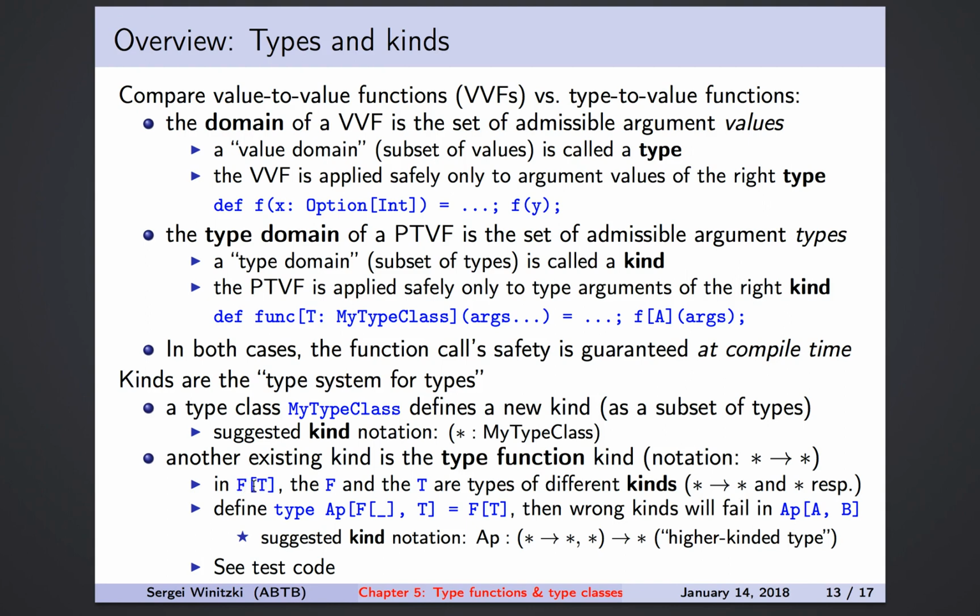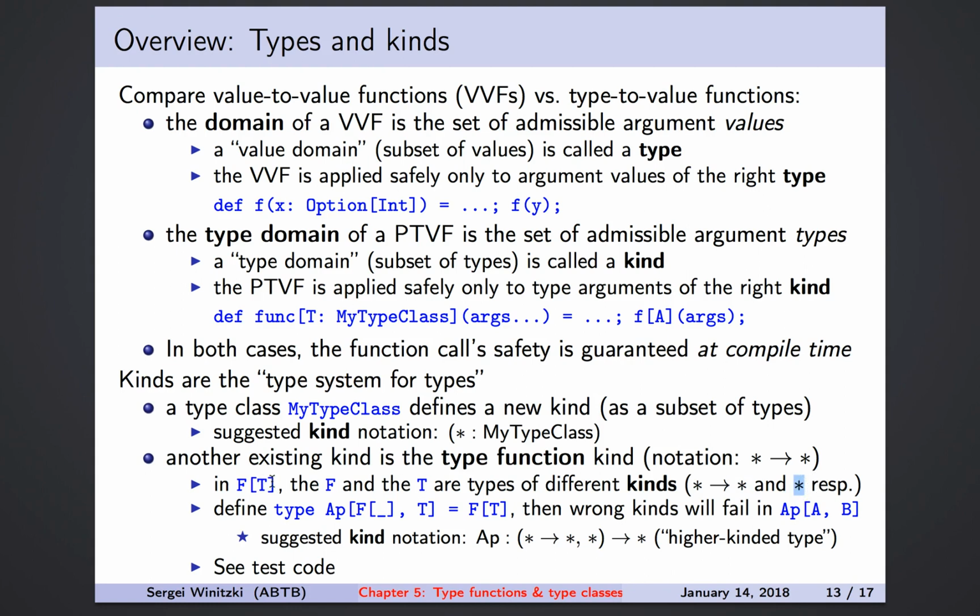So f is a type constructor or type function, and so f has this kind, is a function kind, which is similar to a function type except for types. So it takes a type and returns a type. The kind of t is the star.